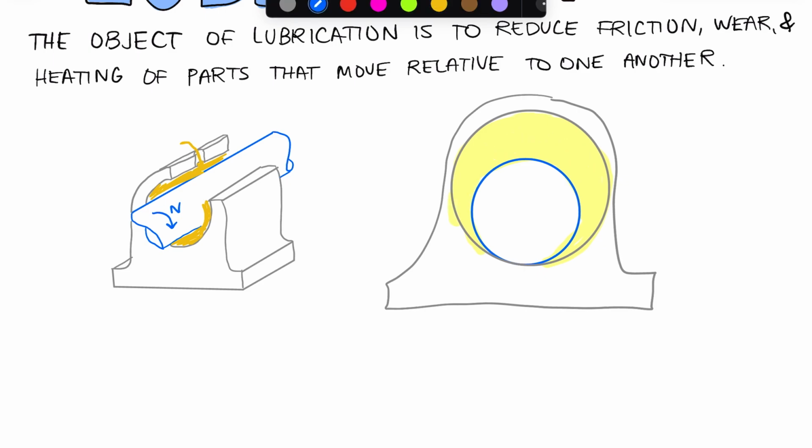As this bearing rotates, it is also having an effect on the flow of this lubricant. And depending on the speed of the bearing, the viscosity of the lubricant, and how much load, which we're going to call W, is on your bearing, you may have a full film lubricant or a boundary film of lubricant.